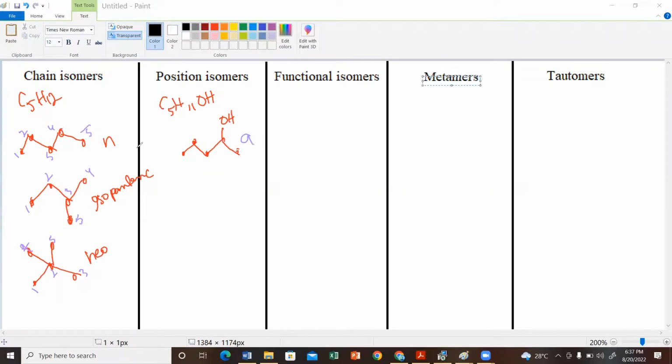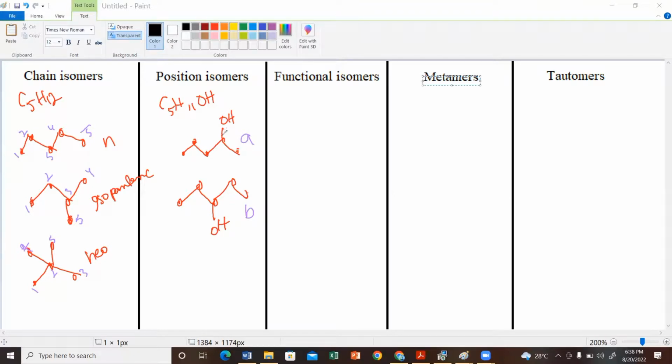Another form I'm going to make is 1, 2, 3, 4, 5 carbons linearly arranged, and this time I'm going to attach the OH group on the third position. That is skeleton number B. Now, what is the difference between A and B?